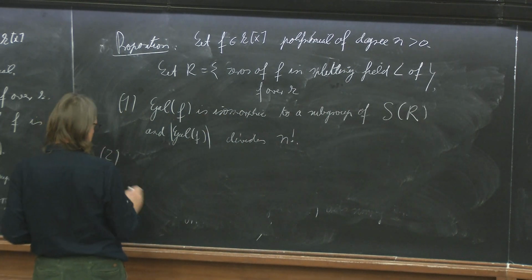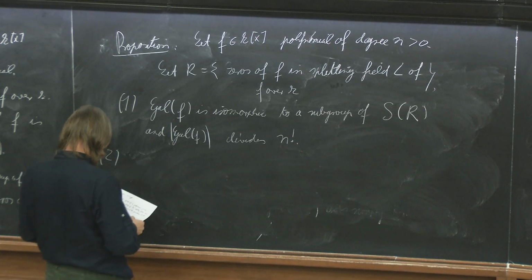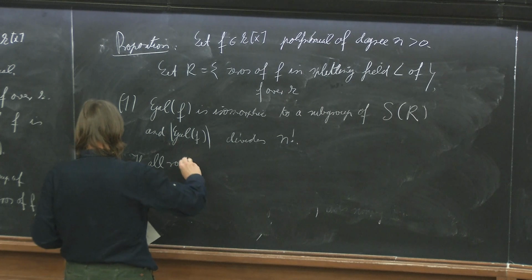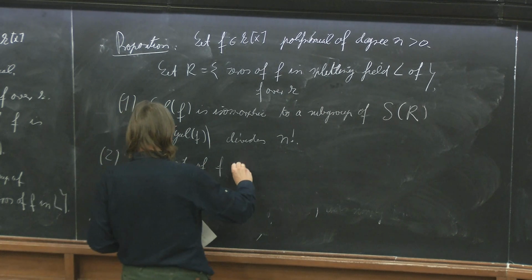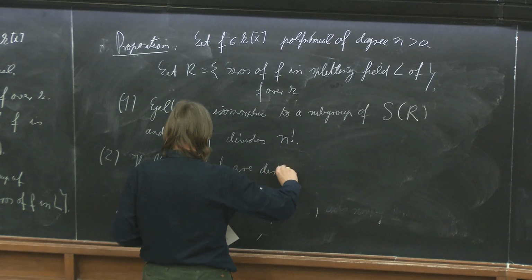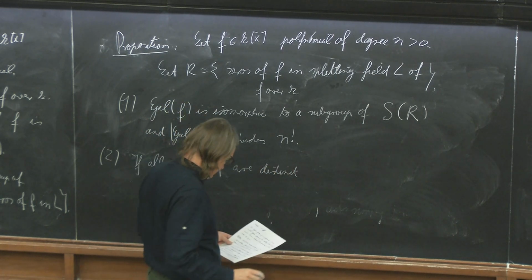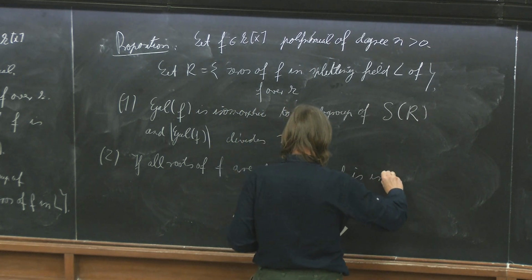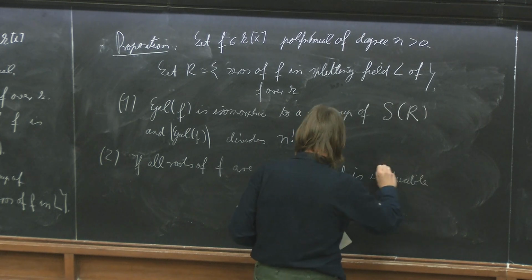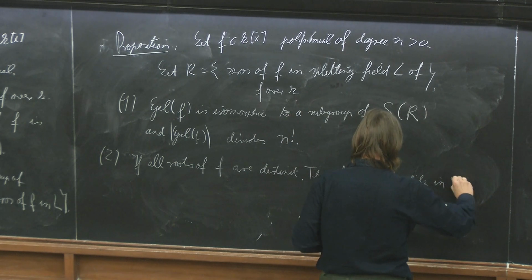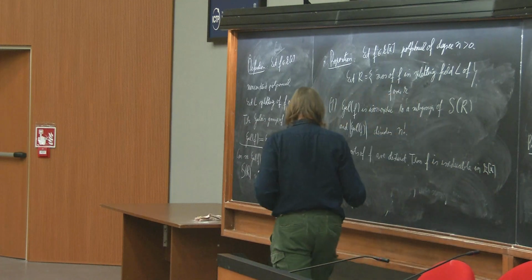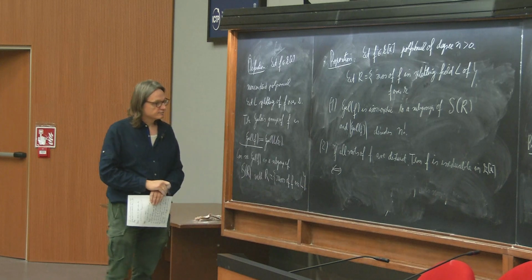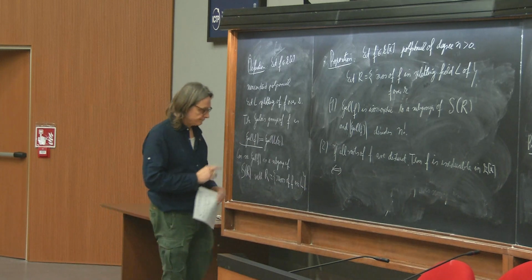Second statement is something different, which I just put here because it fits. So if all roots of f are distinct, we have no multiple roots, then f is irreducible as a polynomial in k[x] if and only if the Galois group of f acts transitively on the roots.